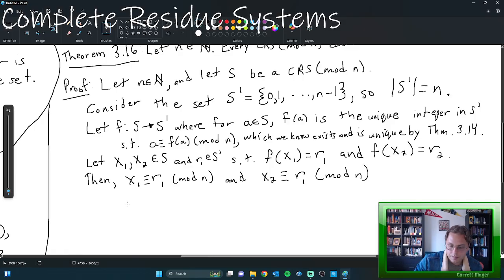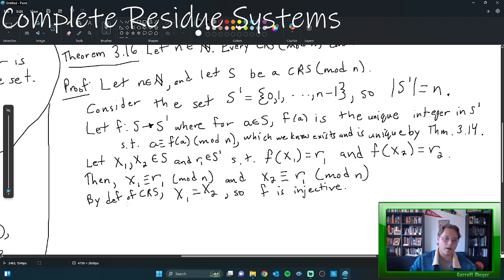So basically, by the definition of CRS, x1 equals x2, so f is injective. Okay, so that's the first part.